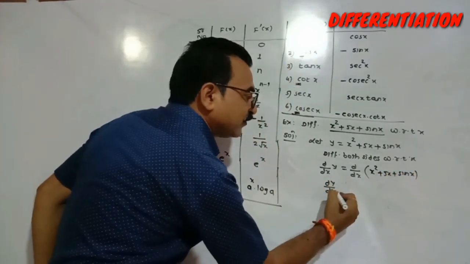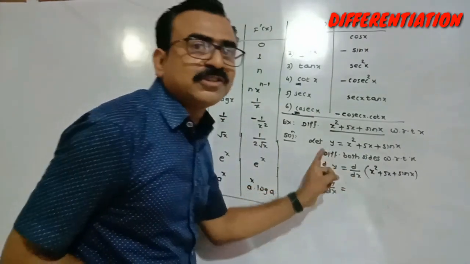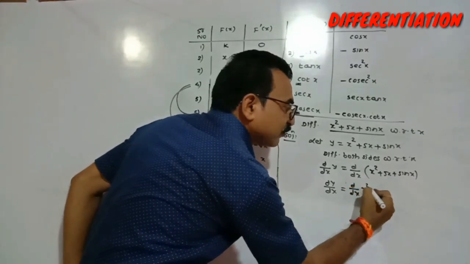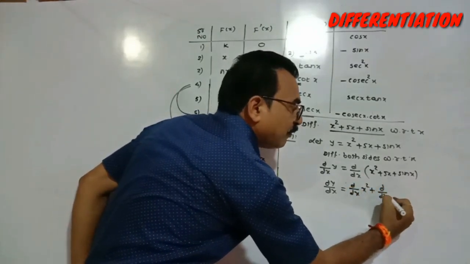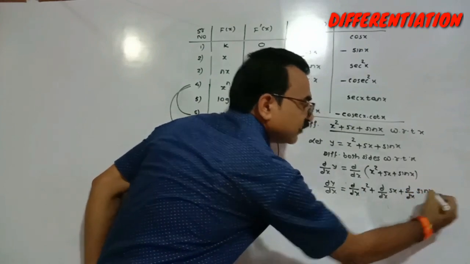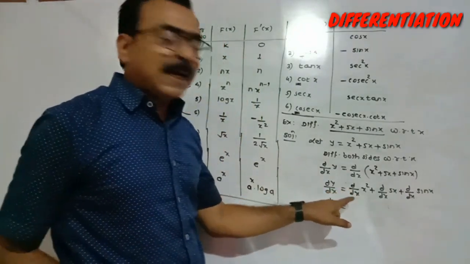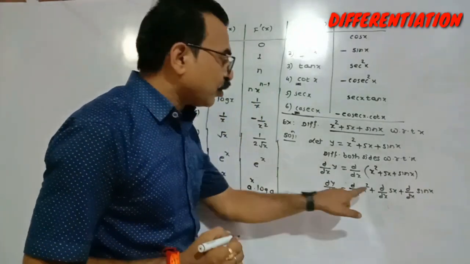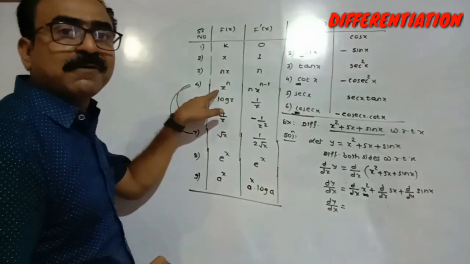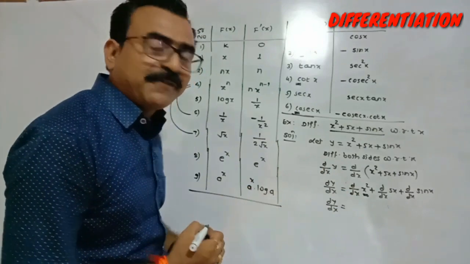So dy by dx is equal to, now separate this d by dx term. So d by dx of x square, d by dx of 5x, d by dx of sin x. So d by dx of x square. This term matches with x raised to power n, and according to this formula, what is the derivative of x square?